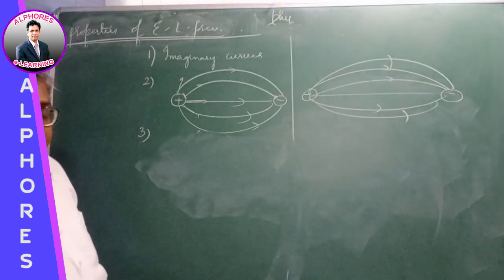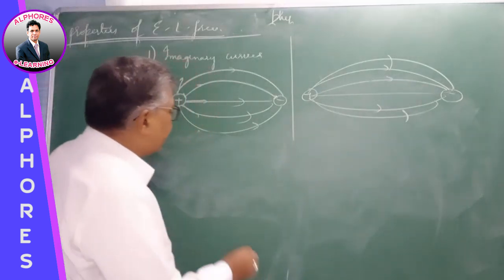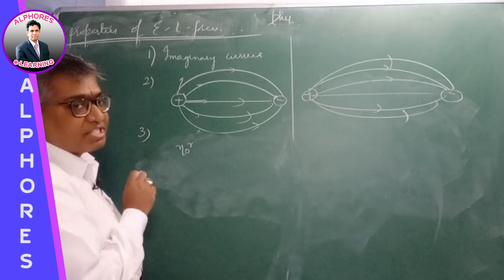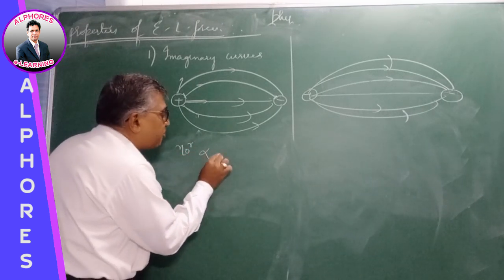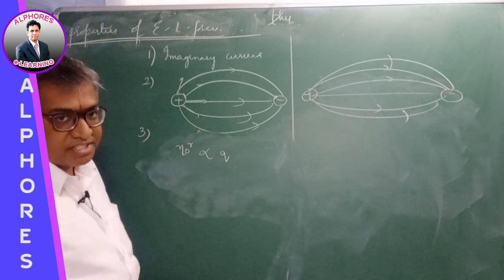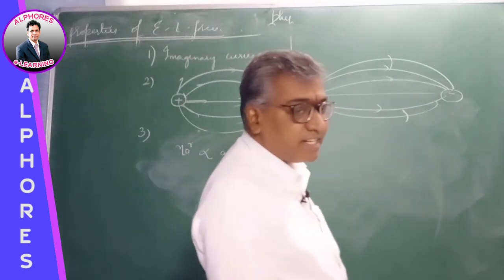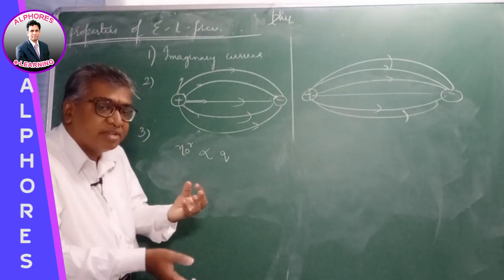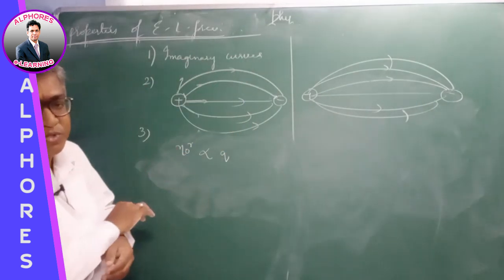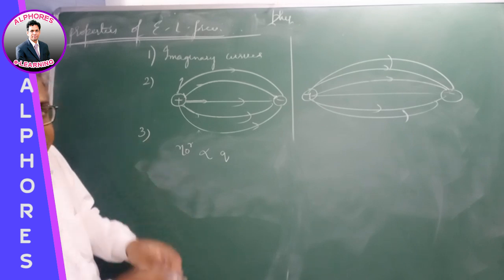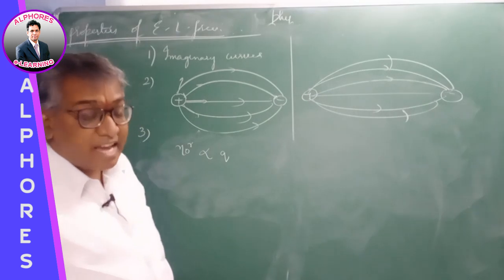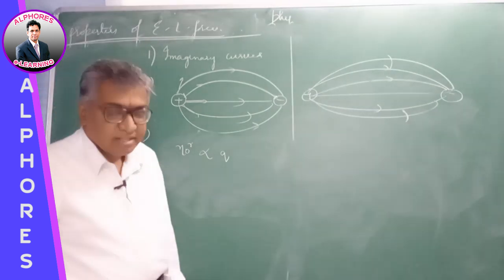The number of lines of force emerging from a charge is directly proportional to the magnitude of the charge. In fact, there is a law stating this. The number of lines of force emerging from an enclosed boundary is directly proportional to the charge enclosed inside the closed loop.